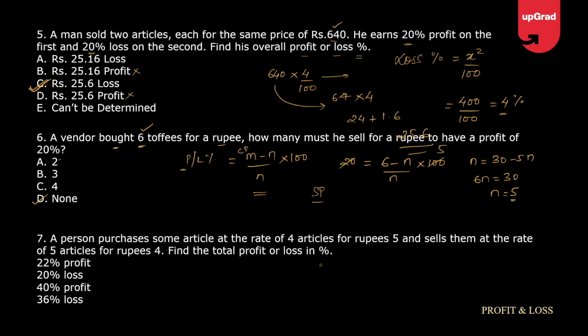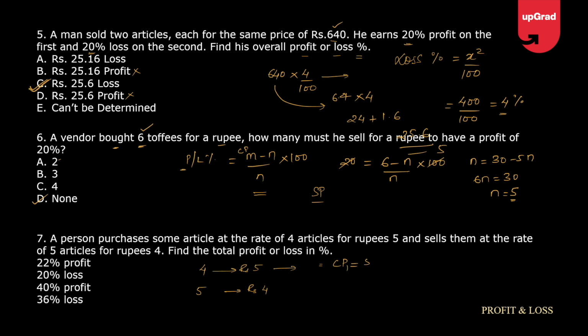What has happened here? It says that 4 articles are purchased at rupees 5 and they are sold at 5 articles for rupees 4. And we have to figure out what is the profit or loss scenario. So this is the purchase case. When it is a purchase case, this will give me cost price of one article.